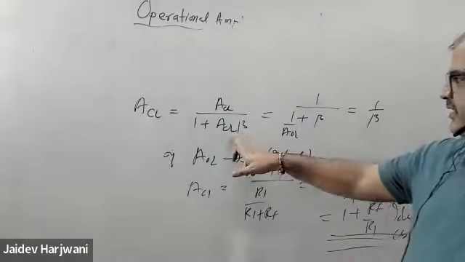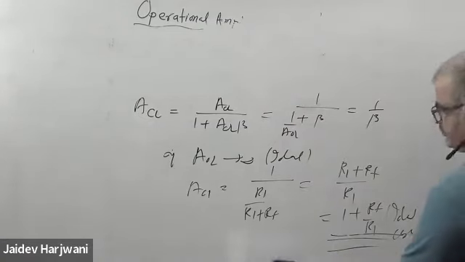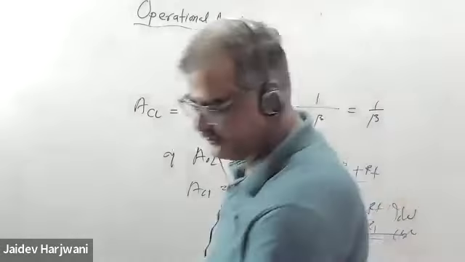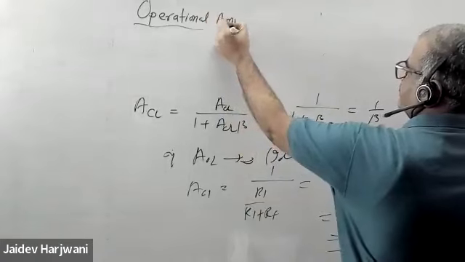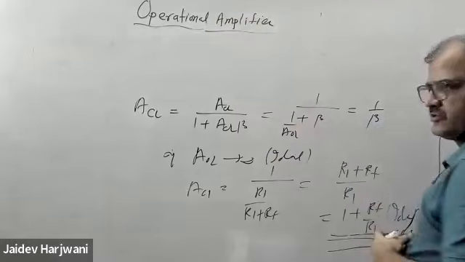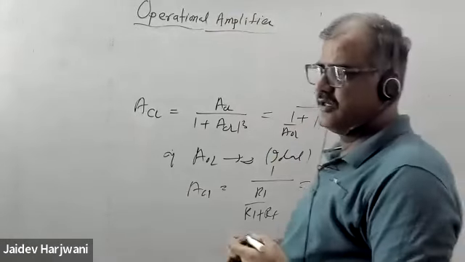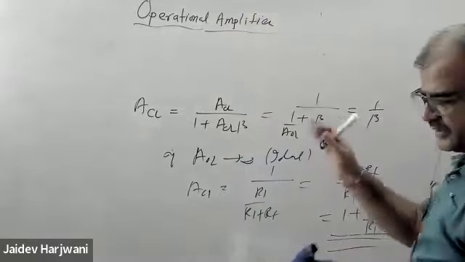So this is the exact formula, this is for the ideal case. So you only have to remember these two properties: the virtual ground concept, and the terminals do not draw any current. That's it.